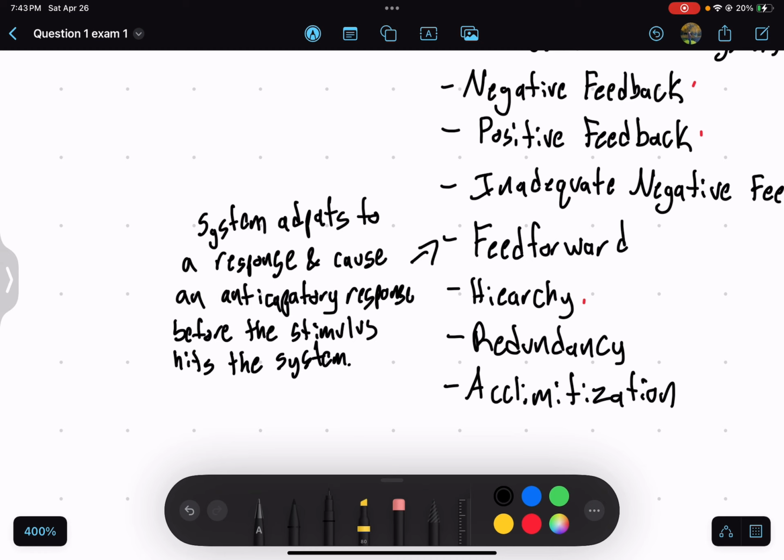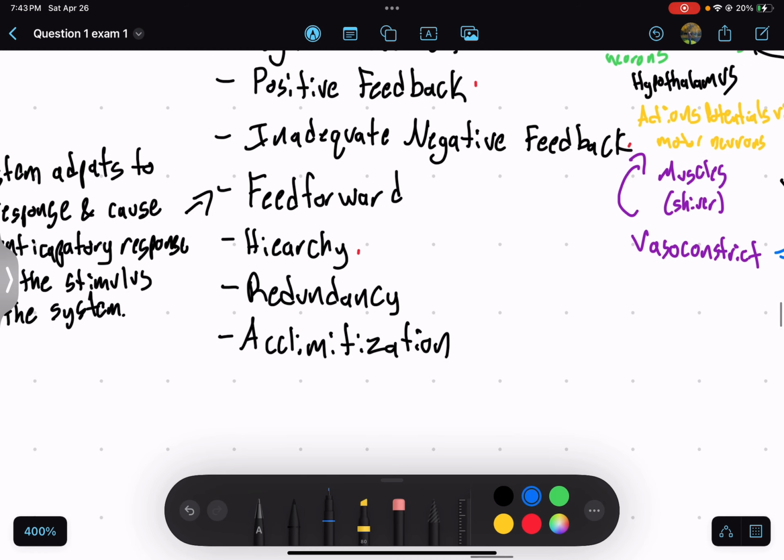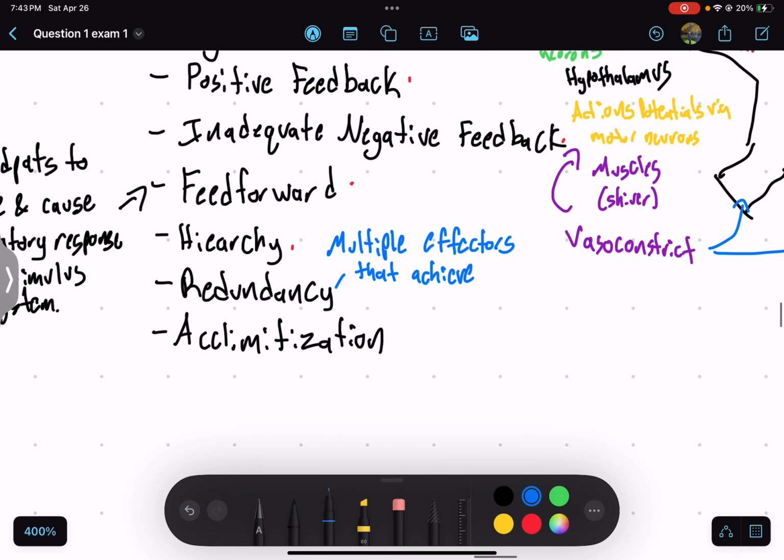For redundancy, that is going to be when there are multiple effectors, not pathways, that achieve the same goal.